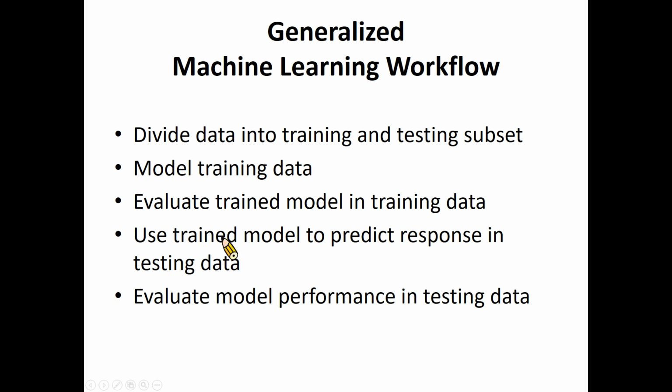This can be done because we assume that the distribution of the variable characteristics is very similar between the training and testing subsets. So if we have a good model in the training data, we should be able to see similar results or similar errors in the testing data.